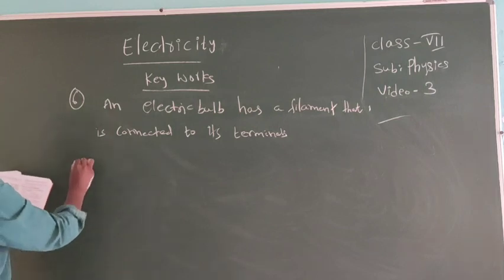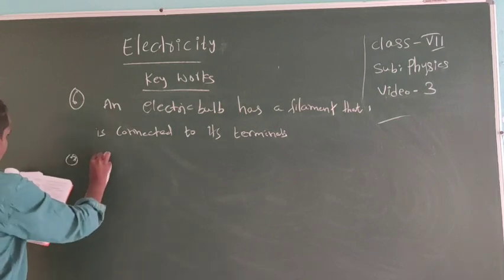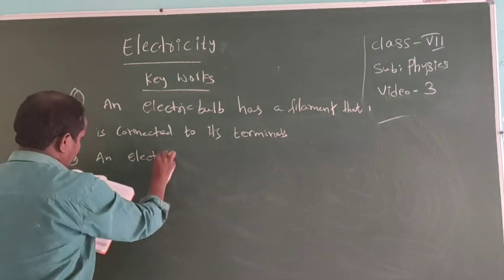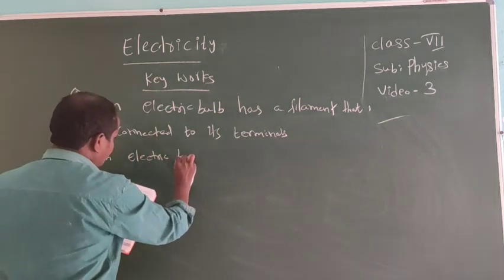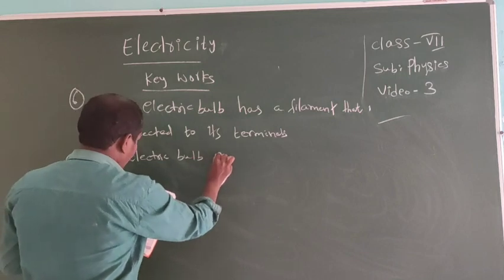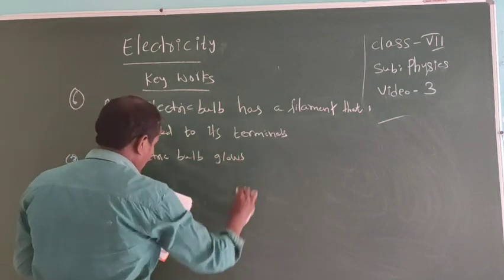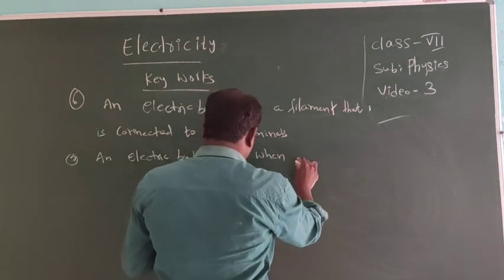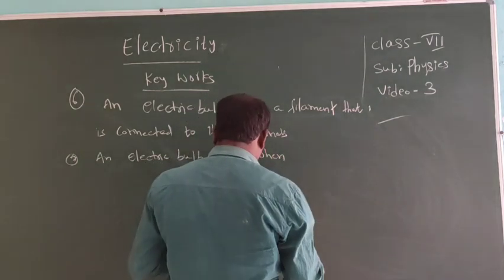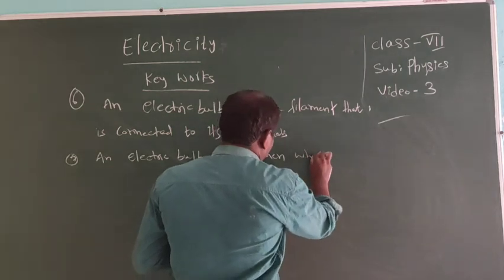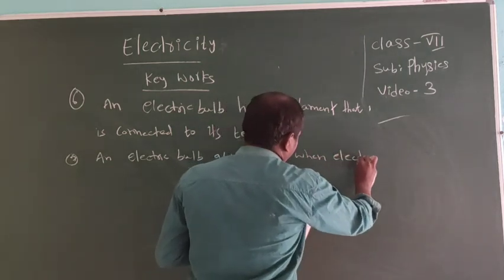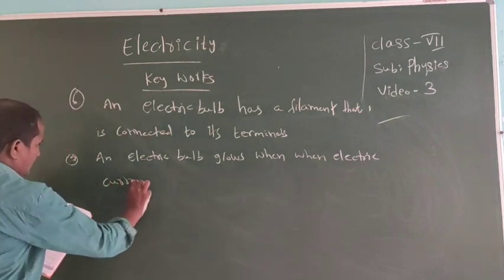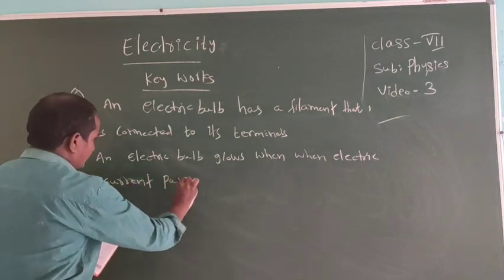An electric bulb glows when electric current passes through it.